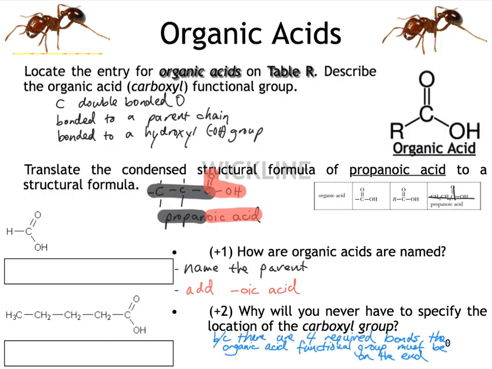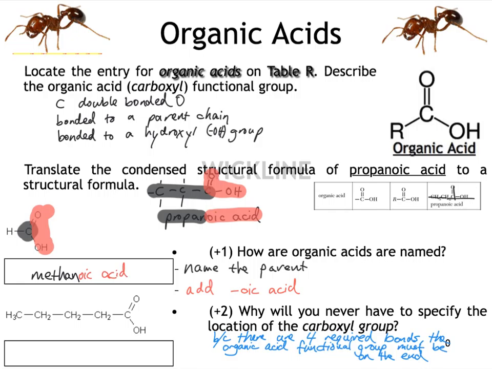And lastly, I just want to name a couple more examples. So this one is a 1-carbon molecule, and we have the double bonded O and an OH. So the 1 carbon is going to give me the beginning methane, and the O and the OH are going to give me the ending oic acid.